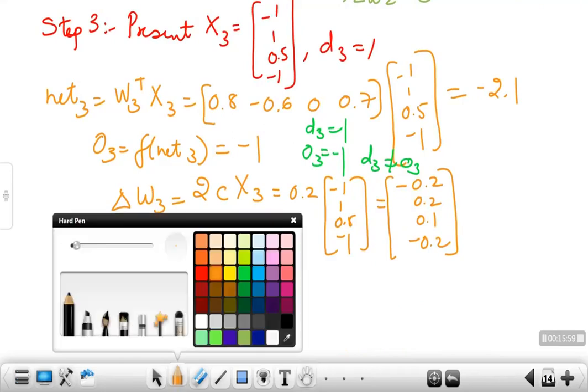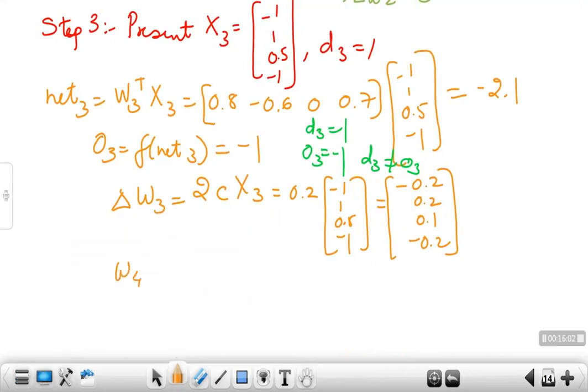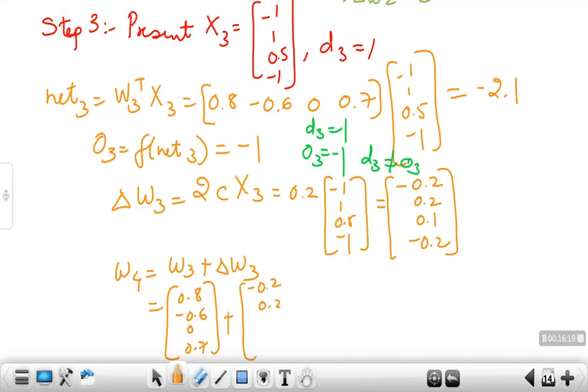2Cx3. So it is 0.2 times x3, that is minus 1, 0.5, 0, 1. So it will be minus 0.2, 0.1, 0, 0.2. So this will be delta W3. Next we have to find out W4.